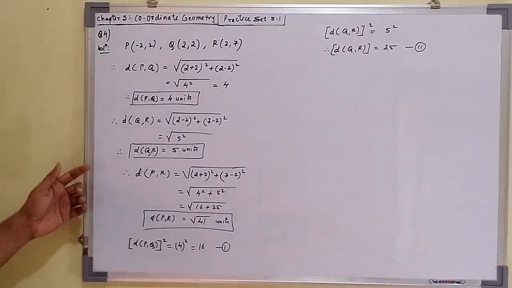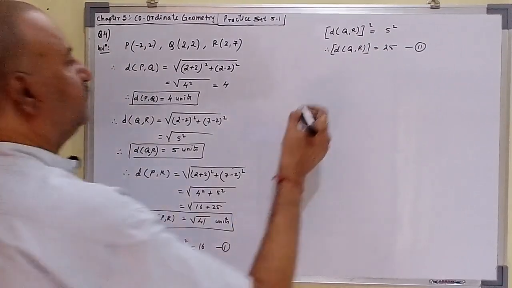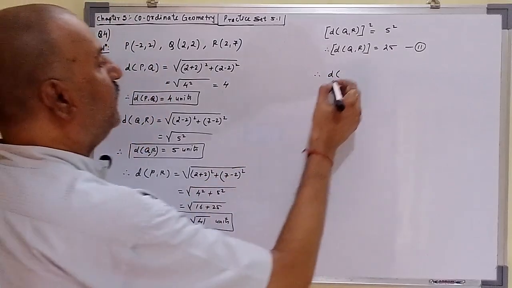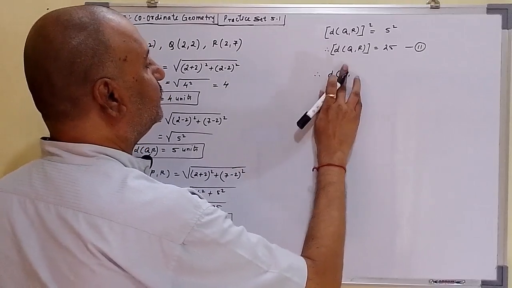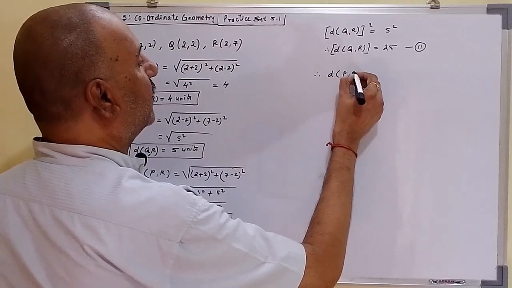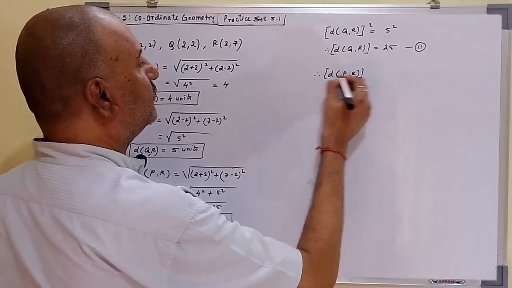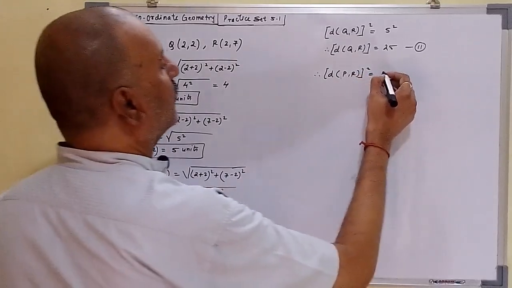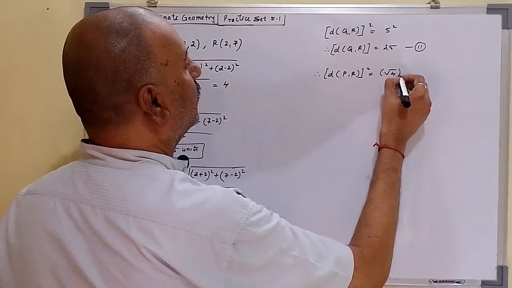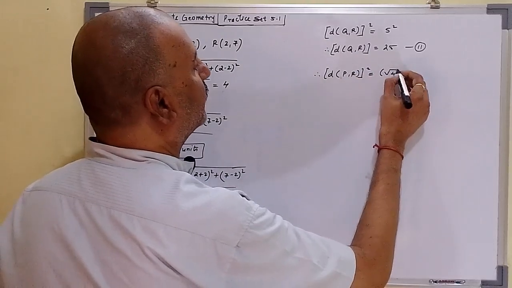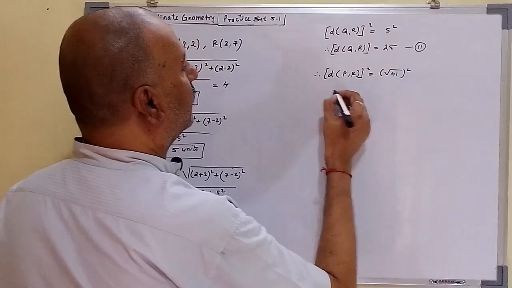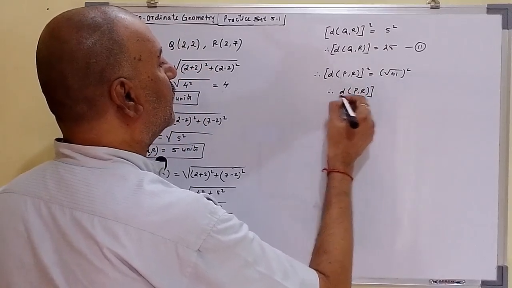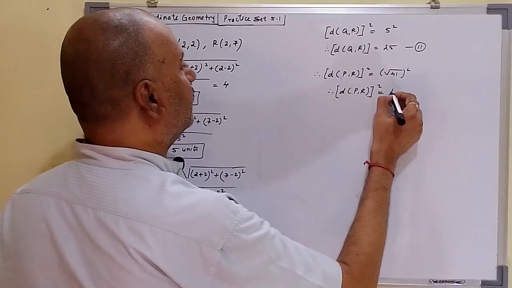Now go for the next, third. Therefore distance PR, P and R, root 41 square. So distance PR square is simply 41.